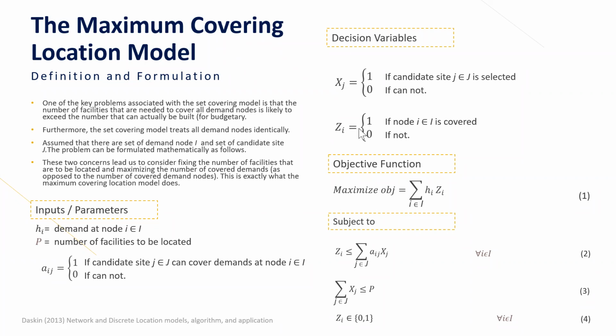We need to introduce zi, which denotes whether customer I is being covered if you open facility J. For example, in the previous set covering model, if you open a facility in A, you will cover A, B, and C. So zi will equal 1 for ZA, ZB, and ZC.